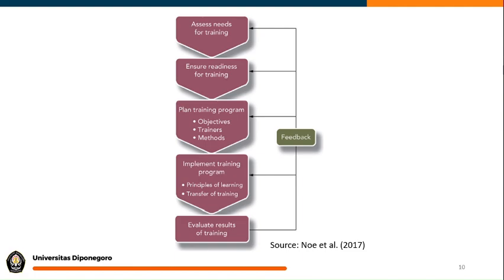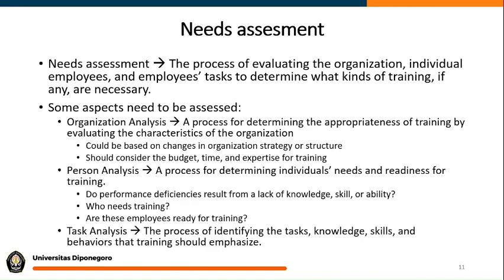So let's discuss each stage in more detail. The first one is the needs assessment. So the idea of this stage is to evaluate the organization, individual employees, and employees' tasks to determine what kinds of training are necessary.